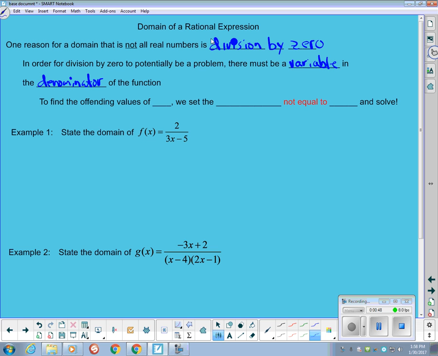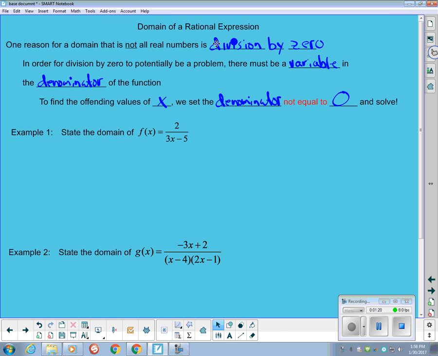So, to find the offending values of x that need to be thrown out, we set that denominator not equal to 0, and we solve. It's very much like setting something equal to 0, but in this case we're going to use a not equals to get our domain.